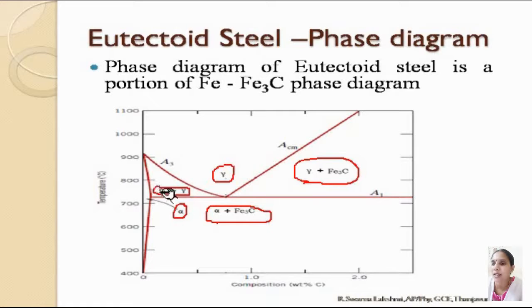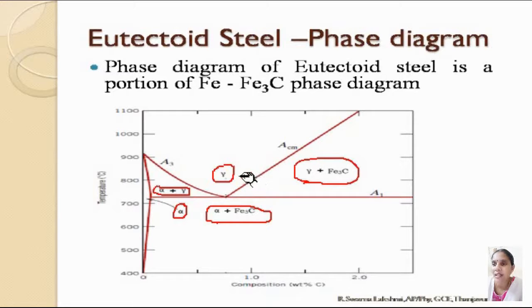So the boundary separating alpha ferrite plus austenite from pure austenite is called the A3 line. A3 line is the upper critical temperature line for a hypo-eutectoid steel. ACM is the upper critical temperature line for a hyper-eutectoid steel.